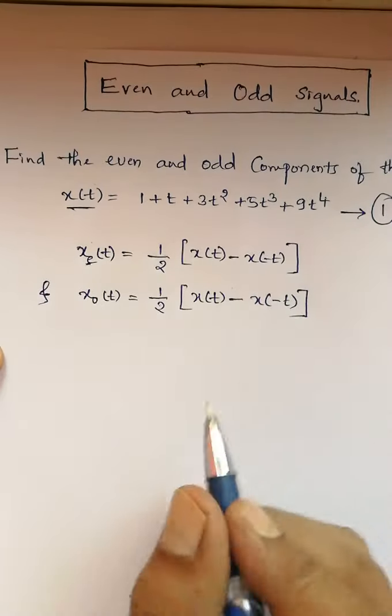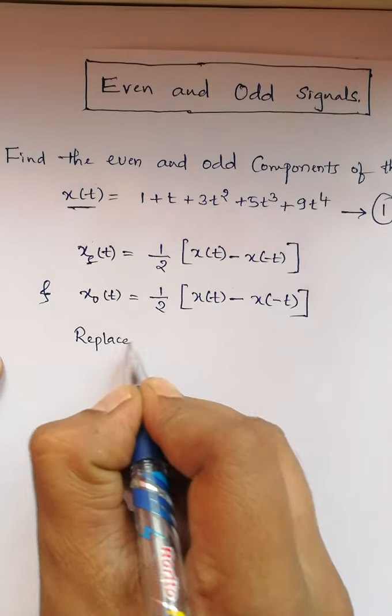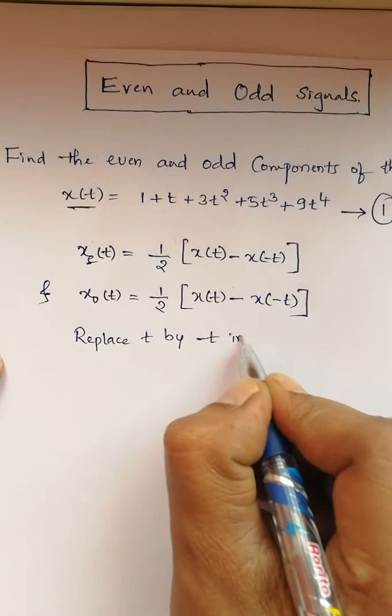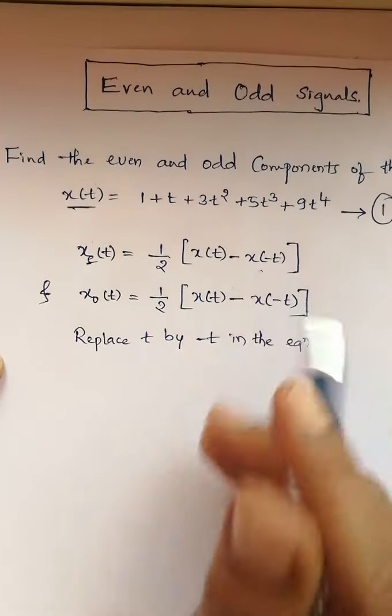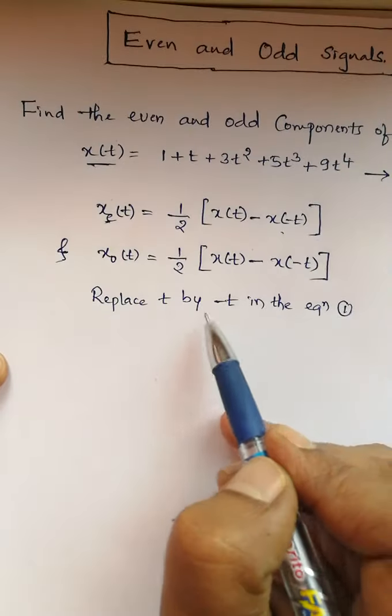For that, the simple thing is replacing t by minus t in equation number 1. Wherever t is there in equation 1, replace it by minus t.